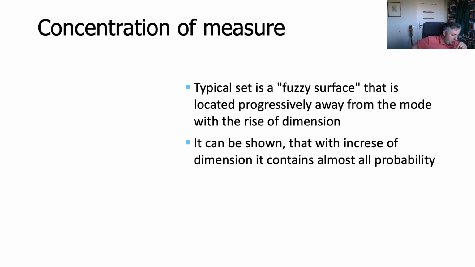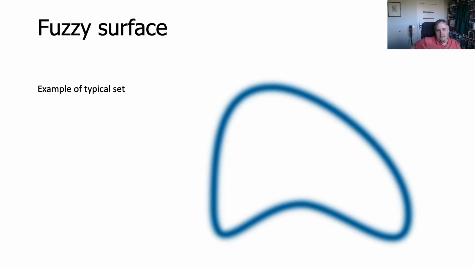So we would need to integrate over the typical set. The problem is that we do not know what the typical set is, because it cannot be computed directly, because such computation would be generally more difficult than computation of the expectation, which is the problem that we are facing anyway.